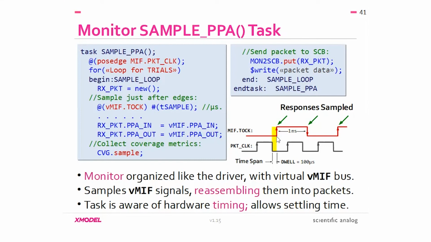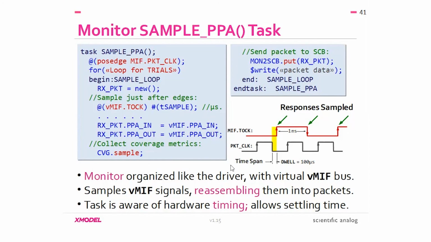And so we've sampled the peak-to-peak values at this point. We added a small sample delay, just a few microseconds for the 1 or 2 time steps delay in some of the X model primitives.